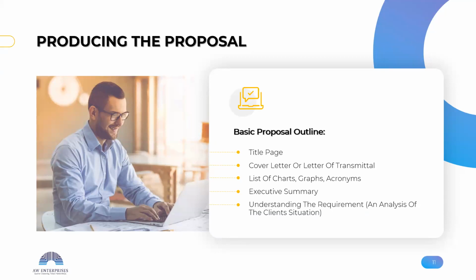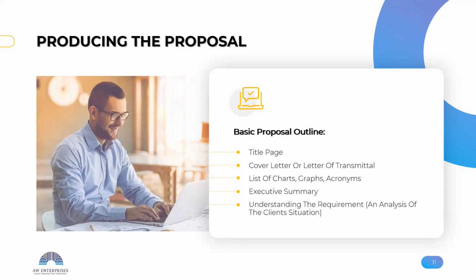Make sure that even if you don't have an acronym list, during your writing, you define what those acronyms mean. You can't assume that the government's going to understand the terminologies you use, especially with people who don't write all the time, I have to say.